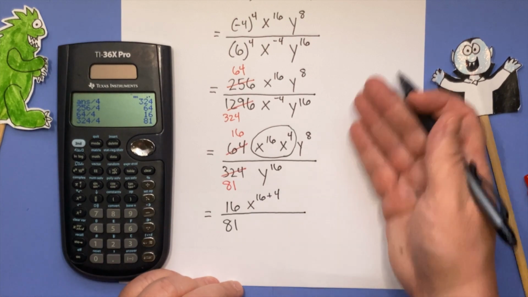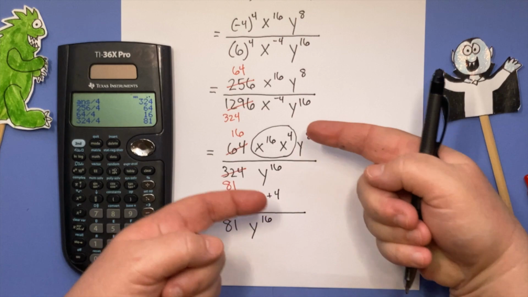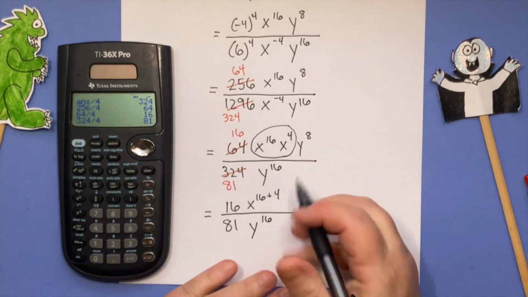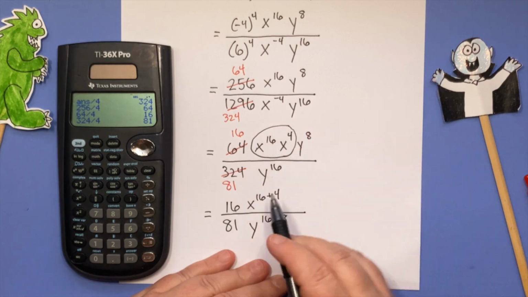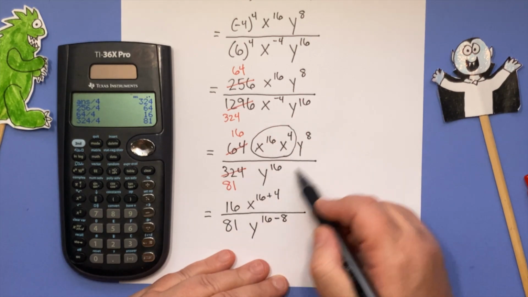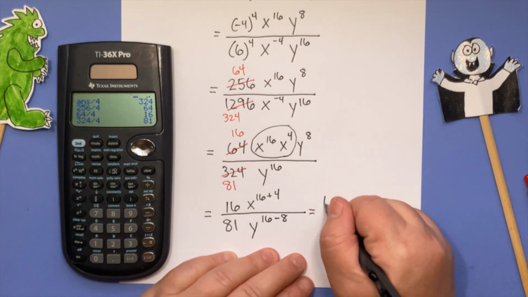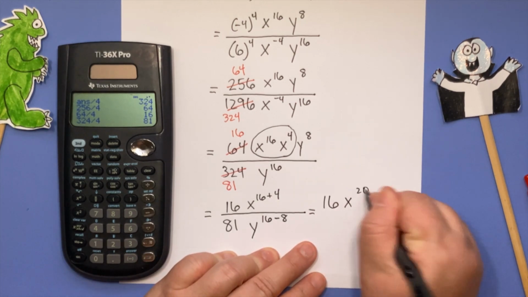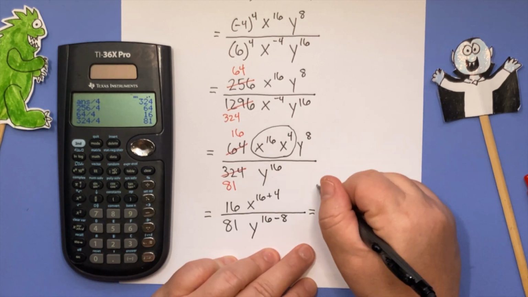So I want to bring them all into the denominator. So I start with the 16, but when they're in different spots, I'm going to subtract. Right? Because this is division. This is multiplication, so we add. This is division, so we subtract. Okay, so I get 16x to the 20th all over 81y to the 8th.